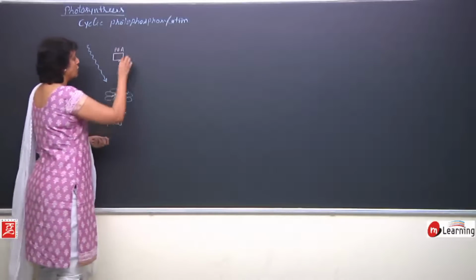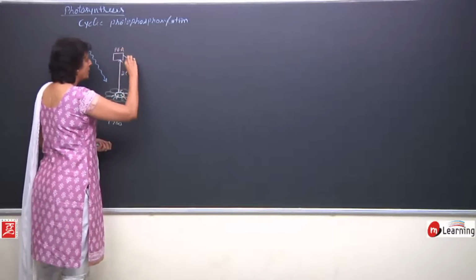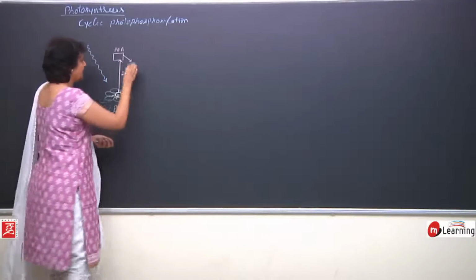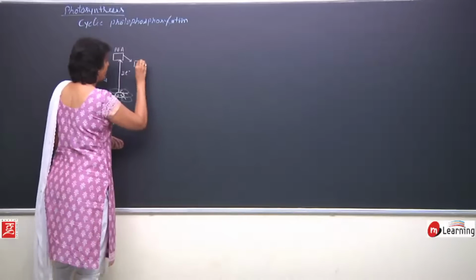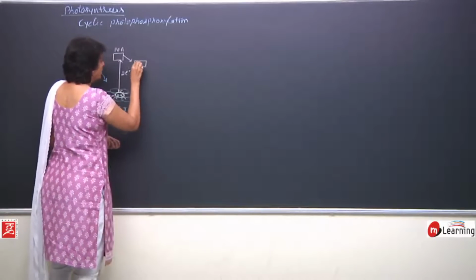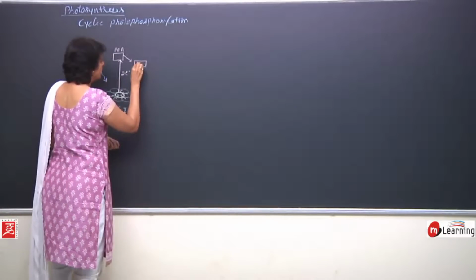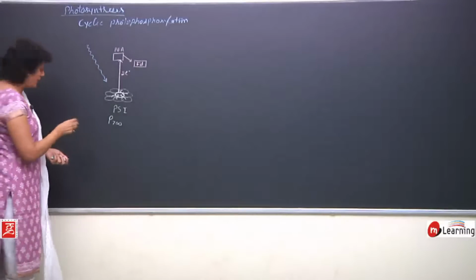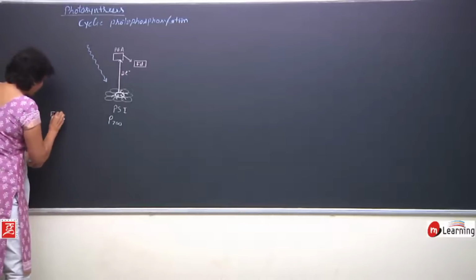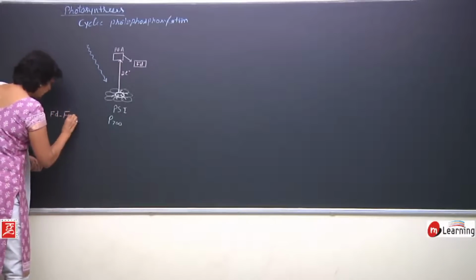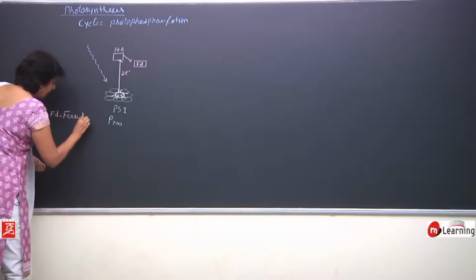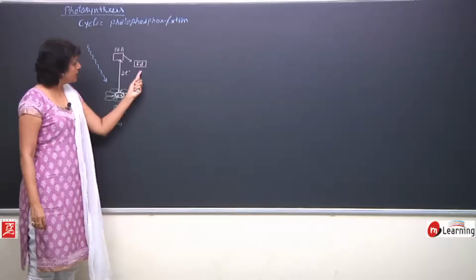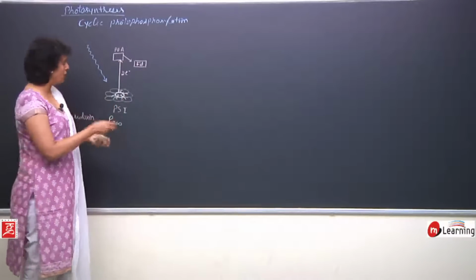This pair of electrons now passes through a chain of electron acceptors. The first one is ferredoxin. So, again let us write down the abbreviations and their full forms. FD is ferredoxin. After the primary electron acceptor, the electron would go to ferredoxin.